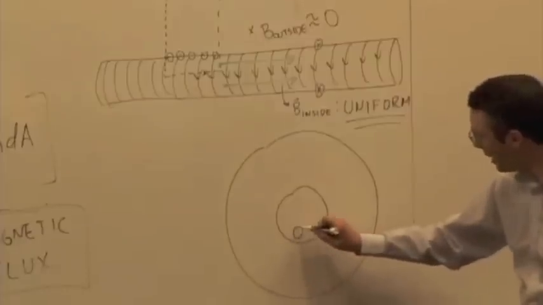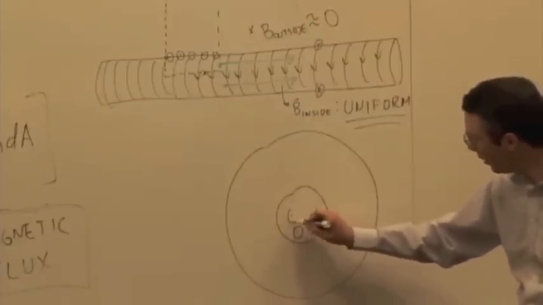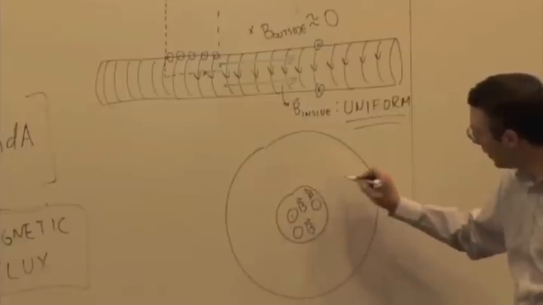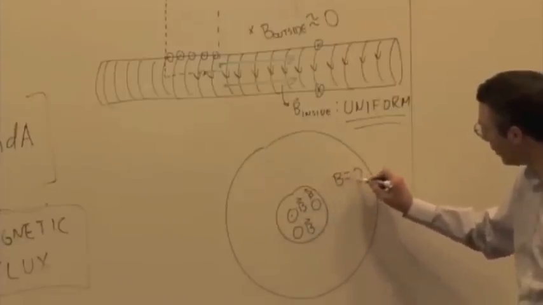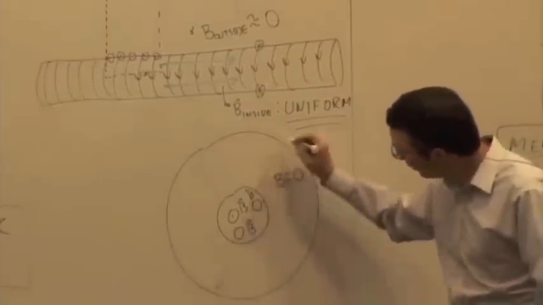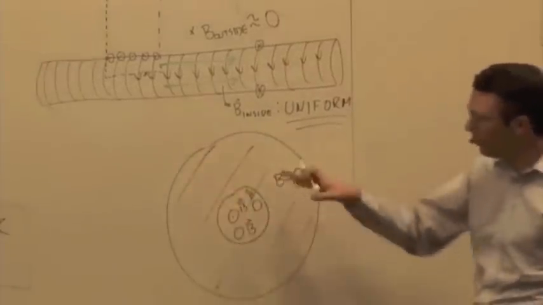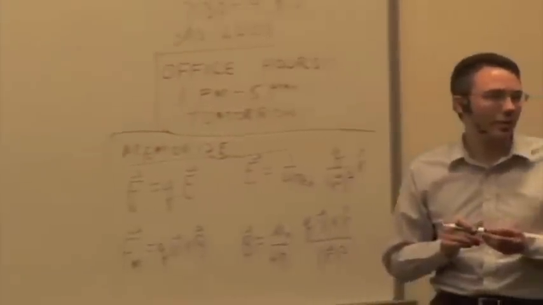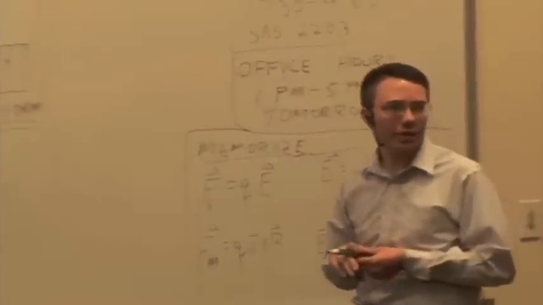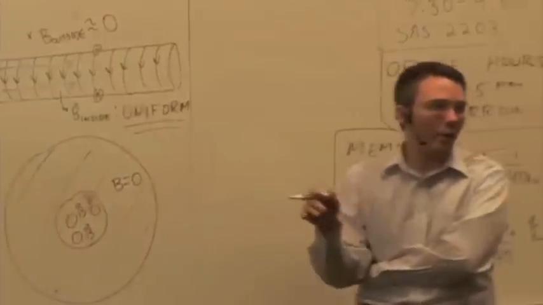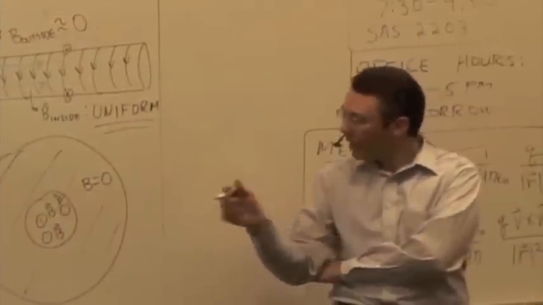I have magnetic field coming out in this region, and magnetic field out here equal to 0. So if I'm looking at the total area over the whole ring, what part of that area is going to contribute a non-zero flux? Just the solenoid, right? So only the area of the solenoid is going to matter when we're calculating the magnetic flux.